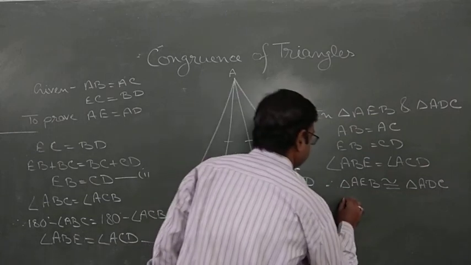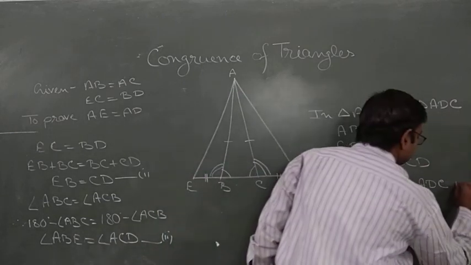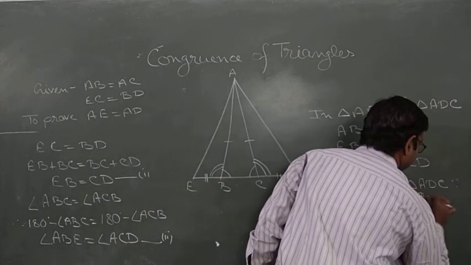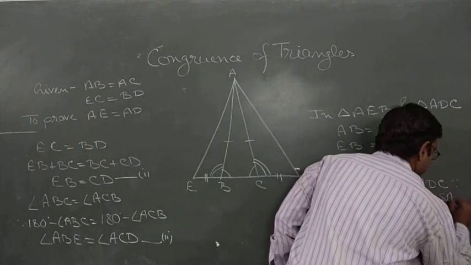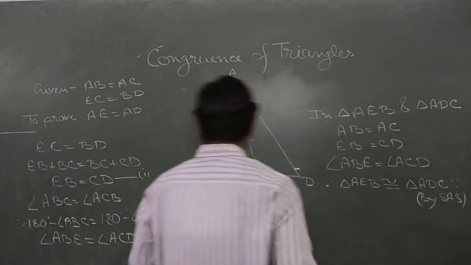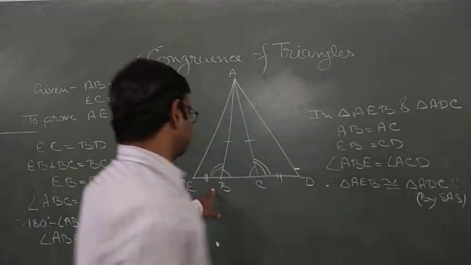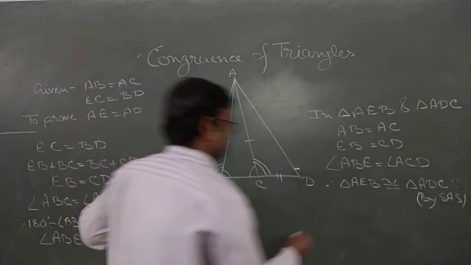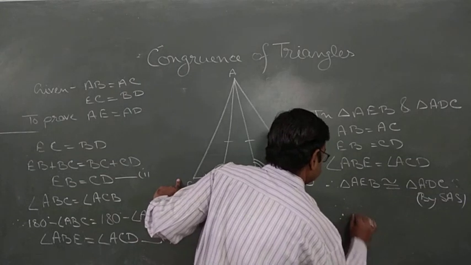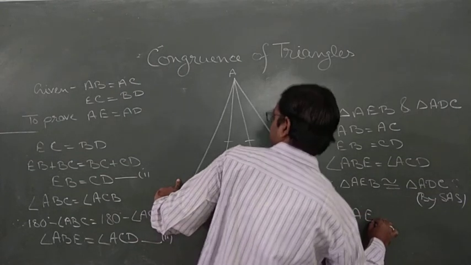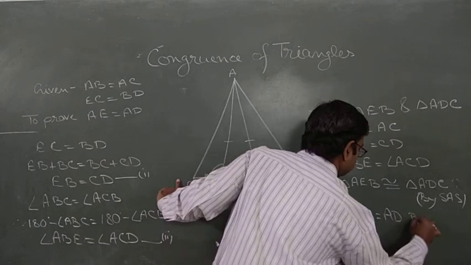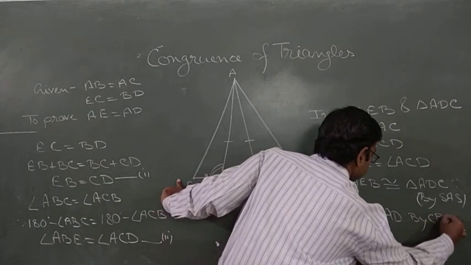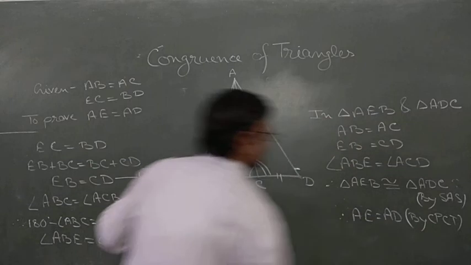Therefore we can say it is by side angle side. So what do we say next? We can say that by CPCT, AE equals AD by CPCT.